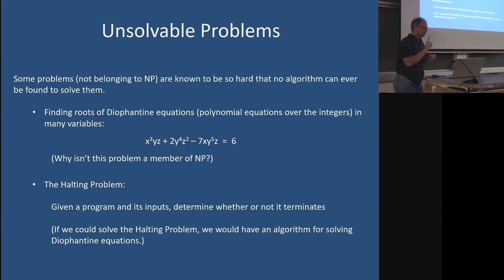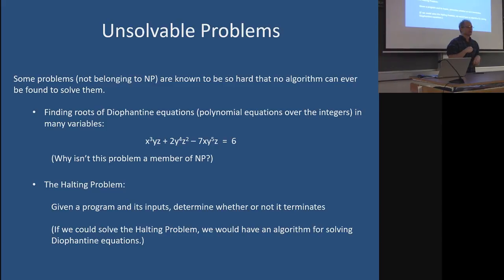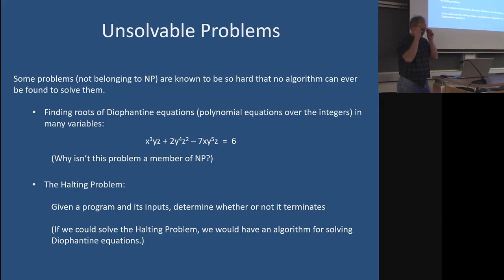For example, I told you that linear programming is actually P complete. Meaning any problem that you can solve in polynomial time, you can solve with linear programming in polynomial time.